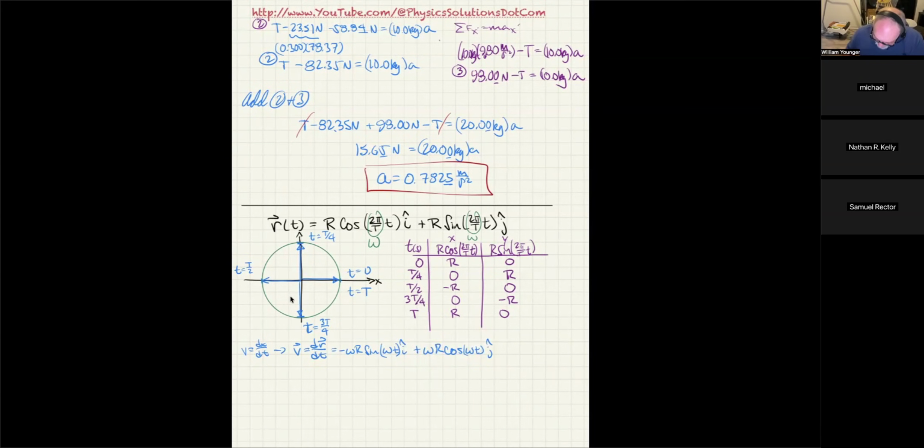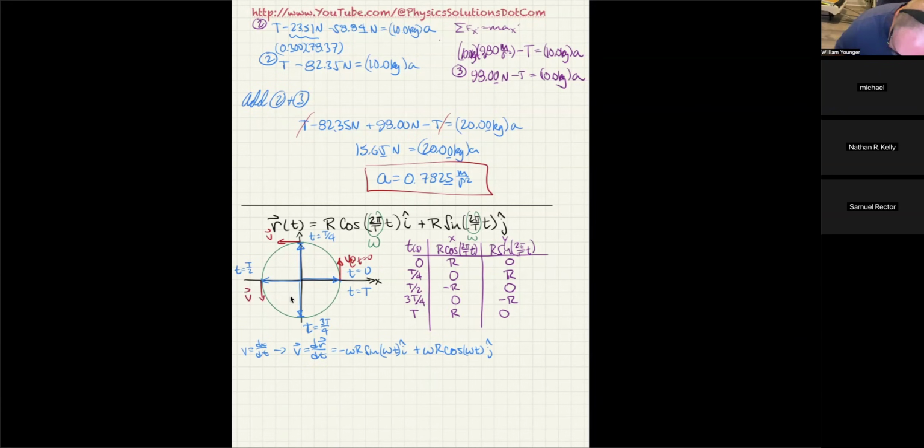If you look at that and you tried to plot it, what you'd find out is this velocity is exactly perpendicular to the r vector. So that's the v at t equals 0. And I'm trying to draw them about the same length in each time. So this is the velocity at t equals T over 4.